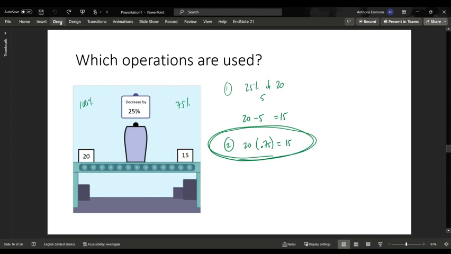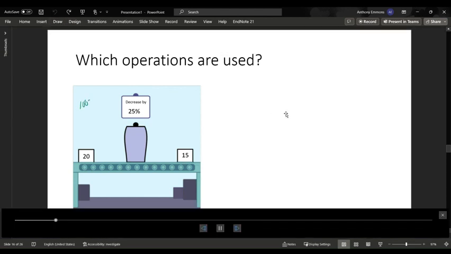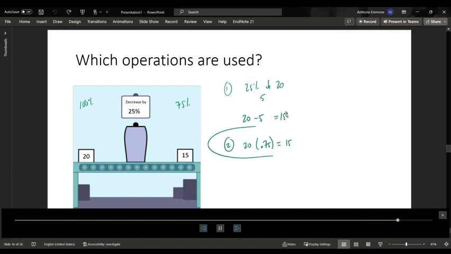Similarly, with the decrease problem, I want to show them the same thing, that yes, you could find 25% of 20 and then subtract that from 20, do it in two steps, but we really want to push ourselves to do it in one step, to remember what's going on with the percents, that we're going to get to 75%. So ultimately, that's what we need to find, 75% of 20, and we do that by multiplying by the decimal form of 75%.